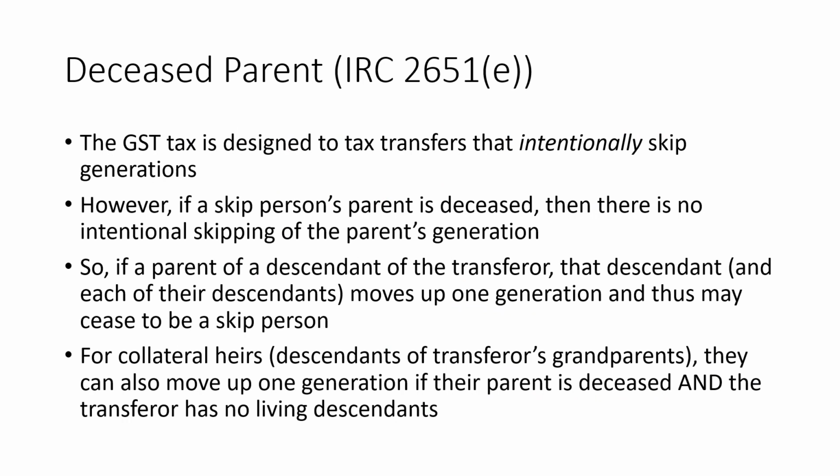So I highlight that word intentionally because that's where this deceased parent rule comes in. Because sometimes, if you have a skip person whose parent is deceased, there's no intentional skipping of that parent's generation if the parent isn't living.